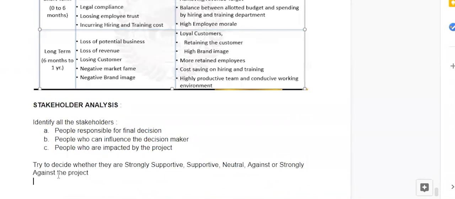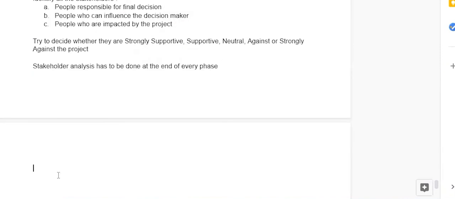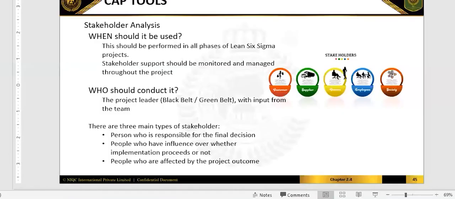This is how you will define how they are standing with respect to your project. Stakeholder analysis has to be done at the end of every phase, or rather during every phase of the project. This is how you will do it.